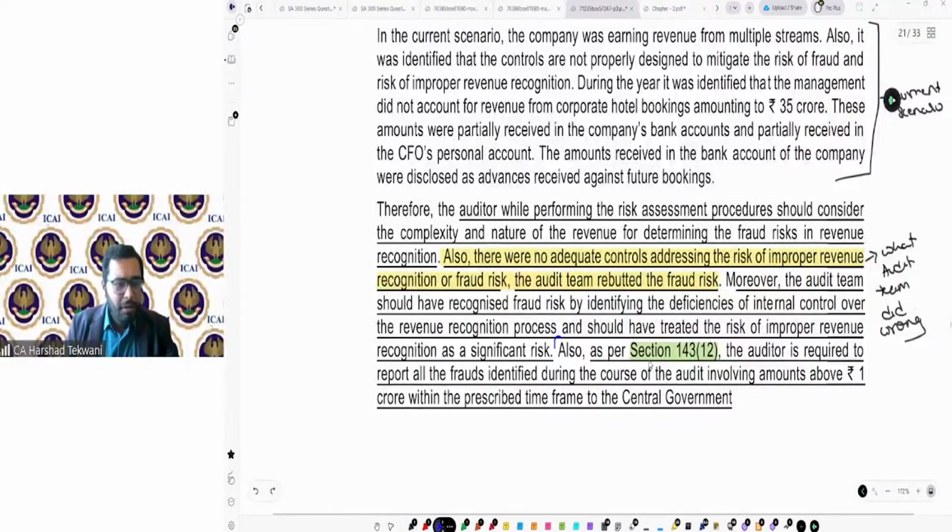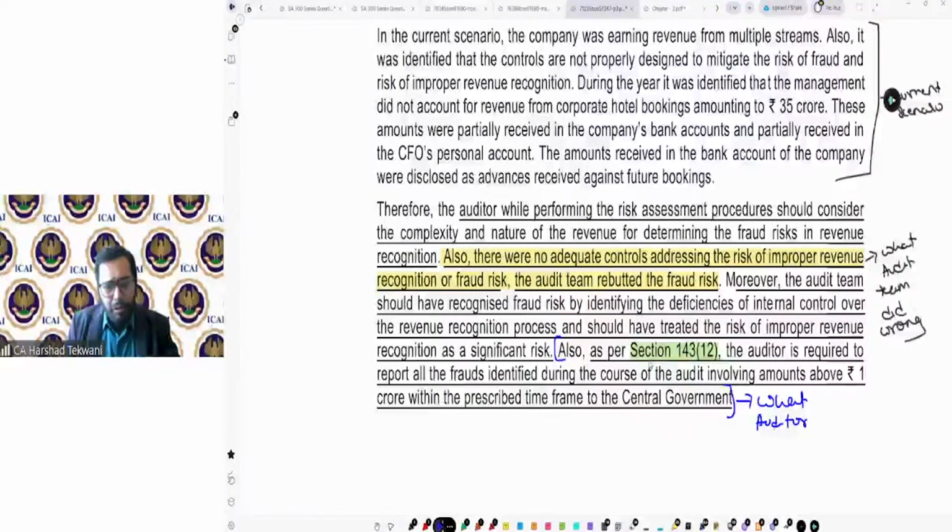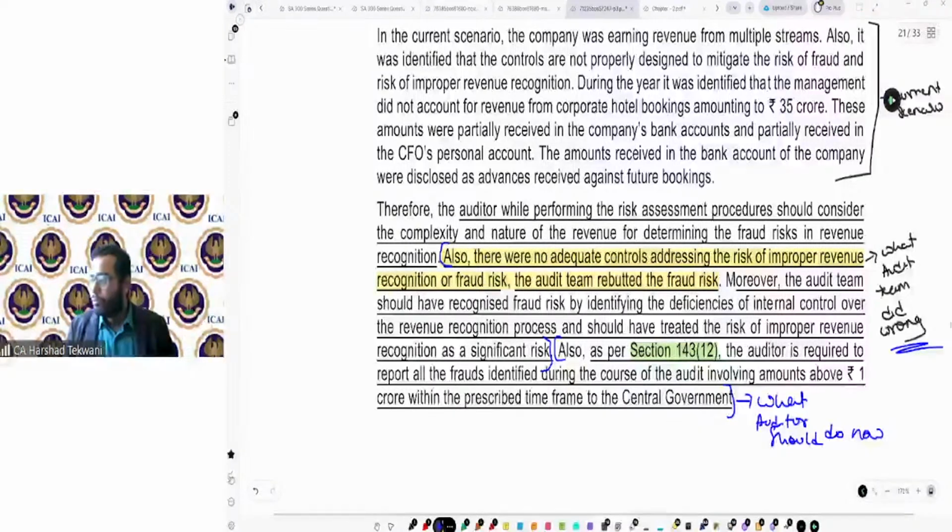So this part is what the auditor should do. And this part, from here till here, you can say what the auditor has done wrong. Clear?